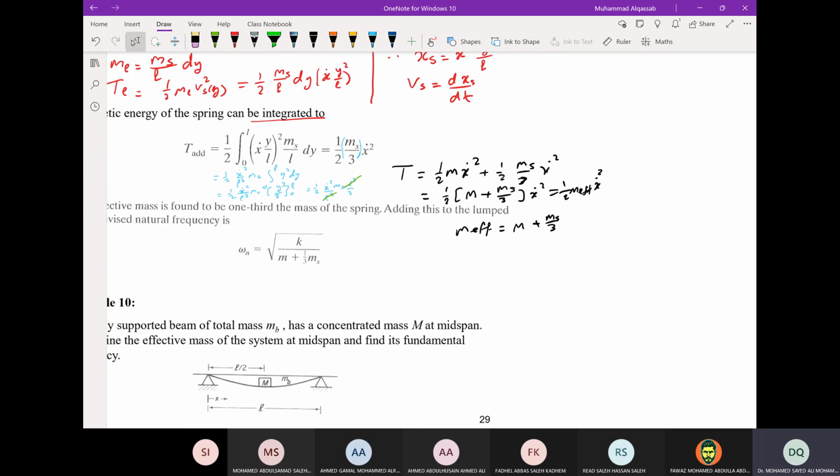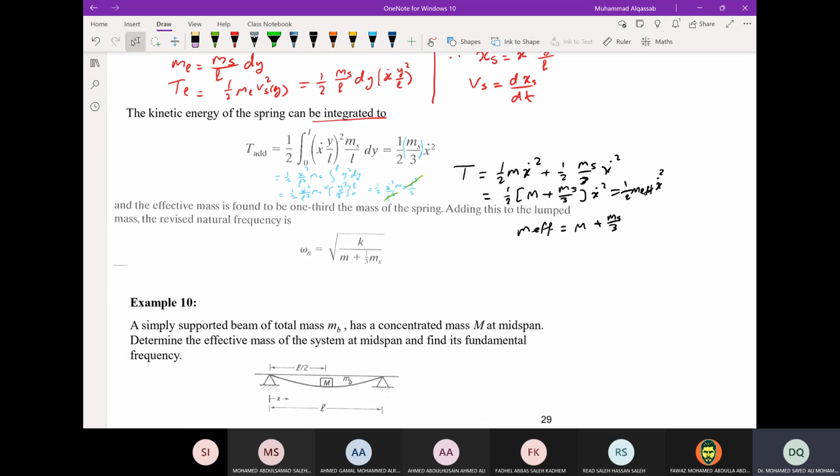And once you reach the model of a massless spring and a mass that carries a mass m, the natural frequency is the square root of k over m effective. The spring stiffness is the same. That's not changing. It doesn't change whether it is massless or with a mass.